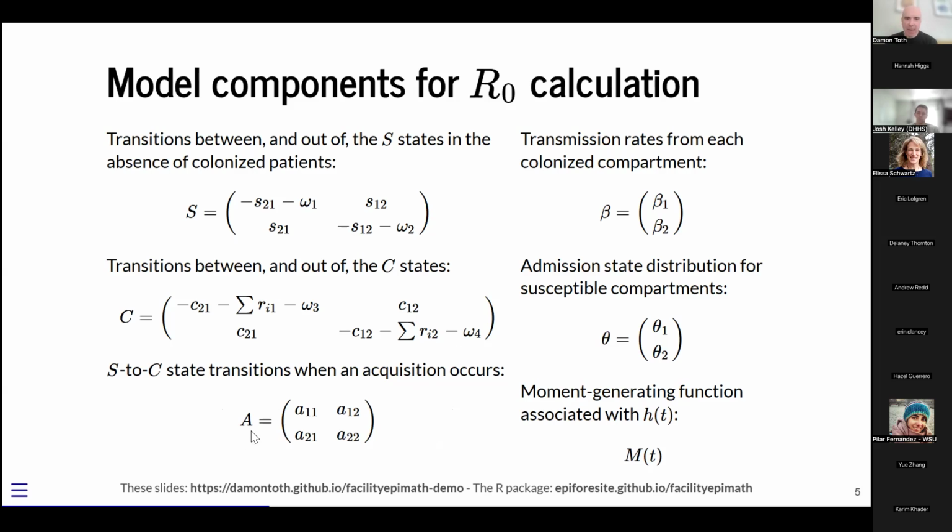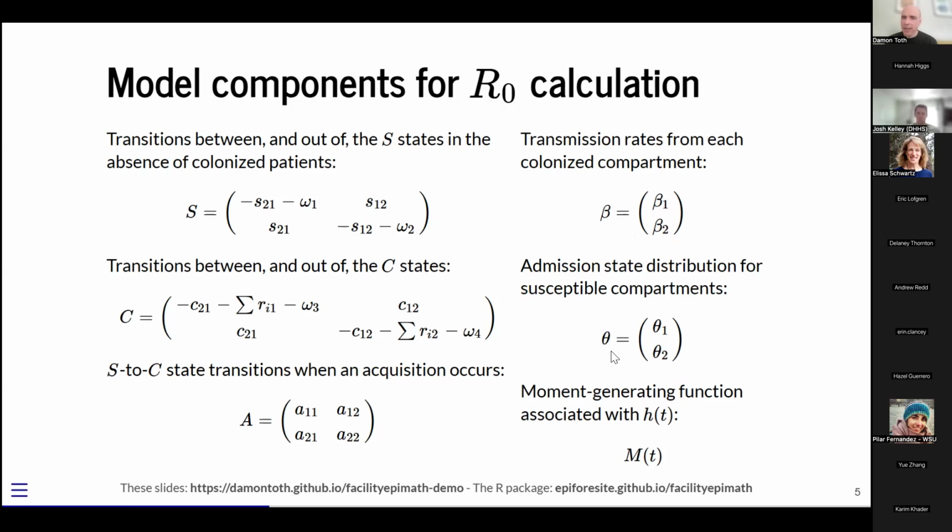Then we have this A matrix, which describes from which S compartment to which C compartment the patients go when they acquire colonization. It can also represent relative susceptibility if the sums of the columns are different. Then we have this beta vector, which holds the two transmissibility values from the two colonized states.